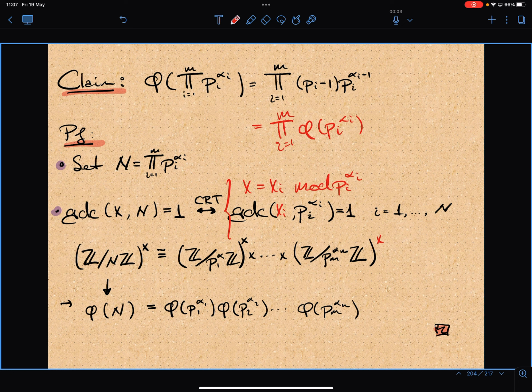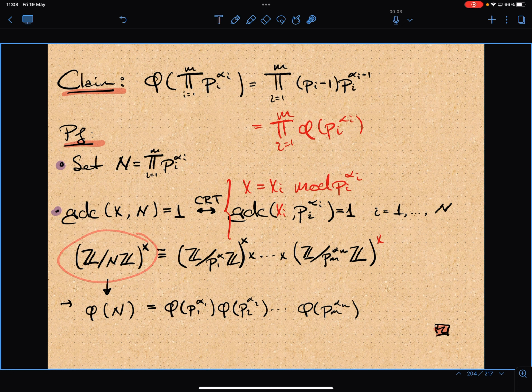and I'm going to dive a little bit deeper into this equivalence, but essentially what then happens is that the phi function is equal to the number of elements of this set: the elements of Z mod n that have GCD equal to 1.